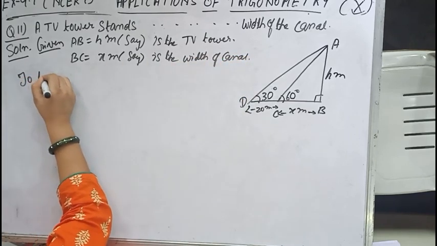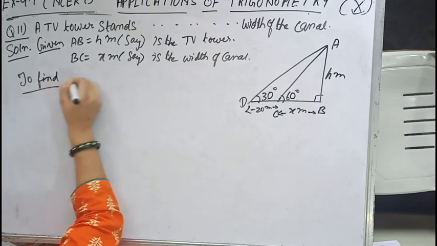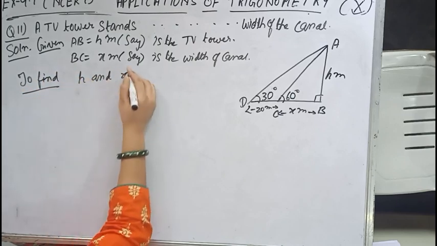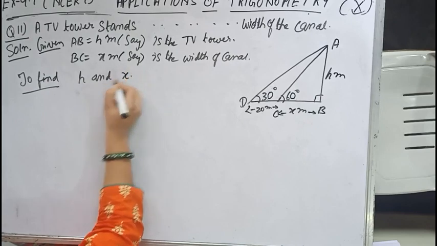To find h and x, you can give the numbering also, number 1 h and number 2 x.